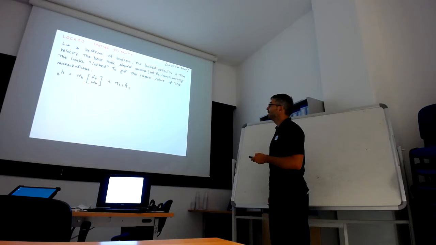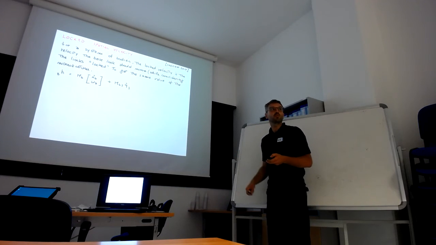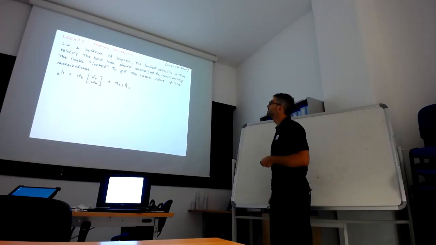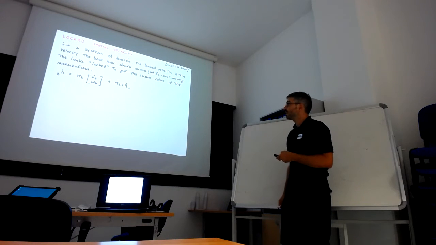So in essence, we compute the total momentum considering the contribution of the base and of the joints. The joints will affect the total momentum with their velocities, while the base velocity will affect the total momentum as well, with the MB matrix. We saw this before.